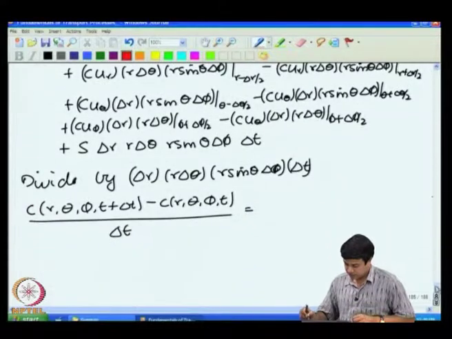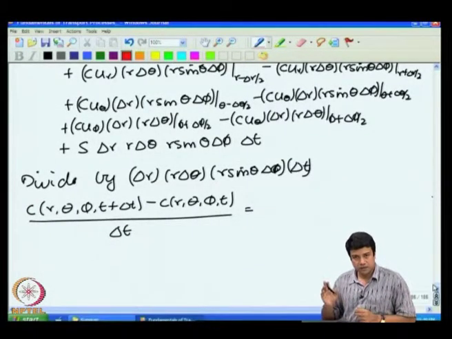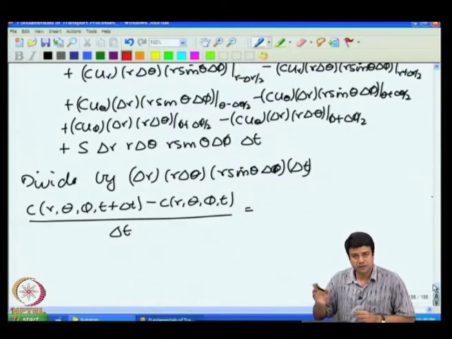Okay. So, for the J_r, you can of course cancel out theta and phi. Sin theta can be cancelled out because you are only varying r, you are not varying theta, when you do the two surfaces at r and r plus delta r.